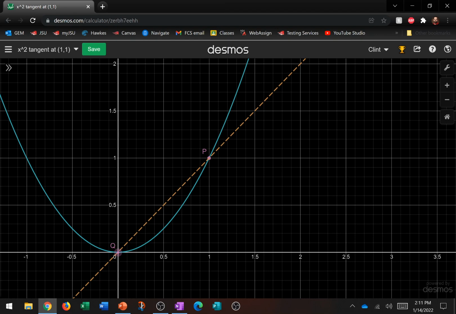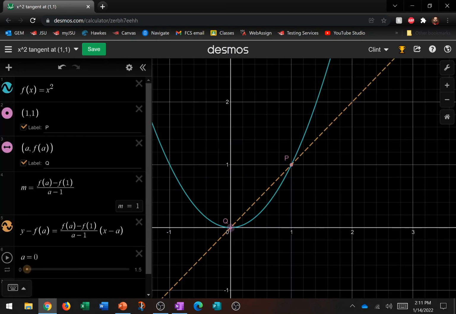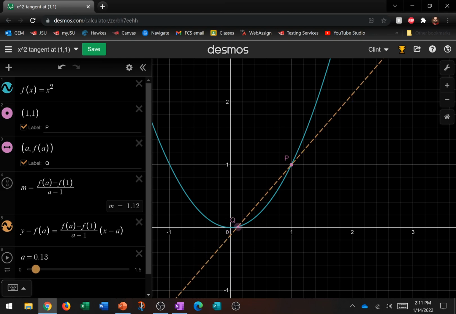We could just move Q, and if we get Q closer to P, let's make sure we're right, I've got a little slider down here. If we move Q closer to P, the slope of our secant line is getting closer and closer to what we would expect out of our tangent line.